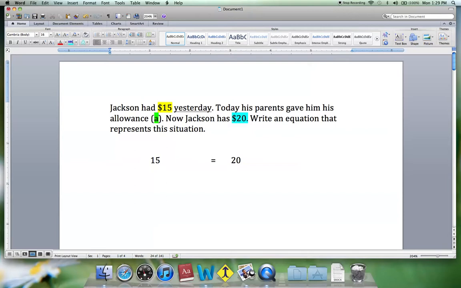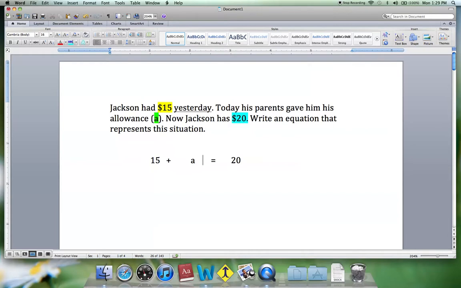Let's read this again. Jackson had $15 yesterday. Today his parents gave him his allowance. He now has $20. Well, this sounds like he just added to the money that he already had. So 15 plus A is going to equal our 20. So this is what the equation should look like to represent this situation. 15 plus A is equal to 20.